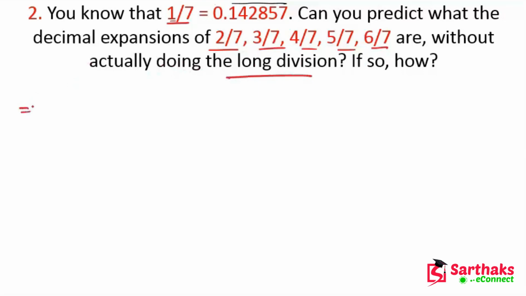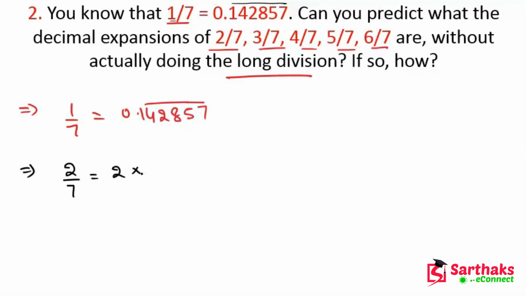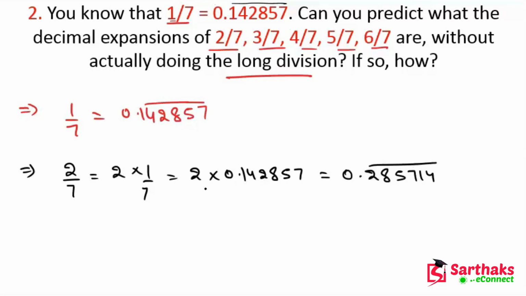Now, we know that 1 upon 7 is equal to 0.142857 bar. So now we can write 2 upon 7 is equal to 2 into 1 upon 7, which is 2 into 0.142857. If we multiply with this number, we get 0.285714.